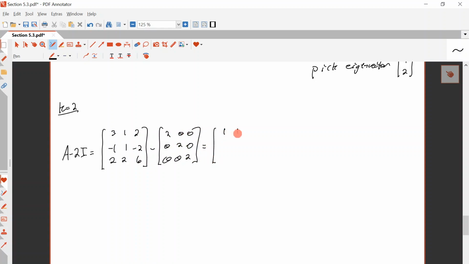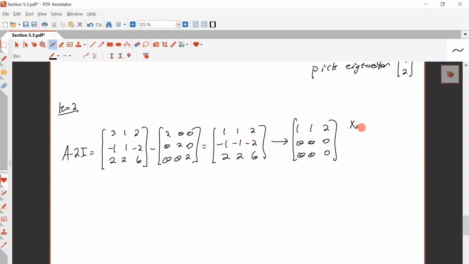So 3 minus 2, 1, 1, 2, minus 2, negative 1, negative 1, negative 2, and then 2, 2, 6. And then row 1, it cancels out both rows.